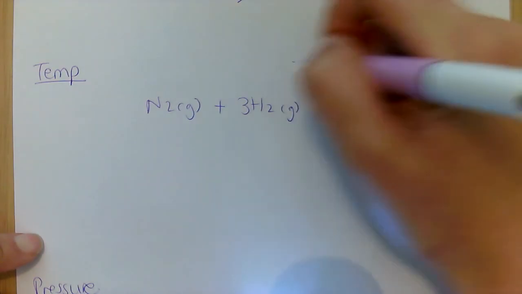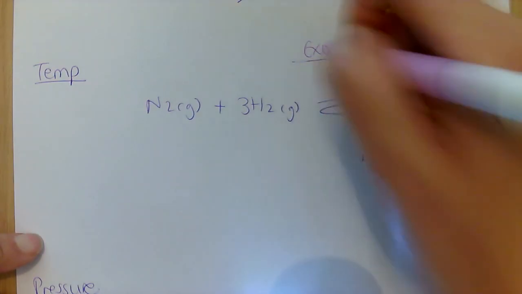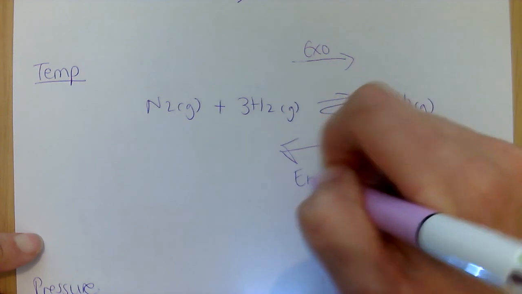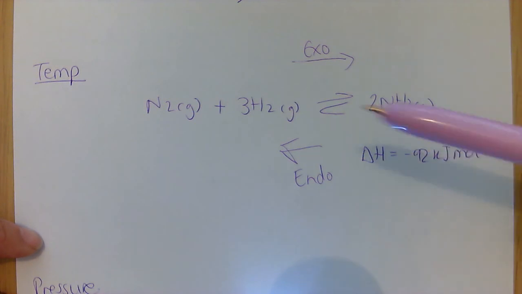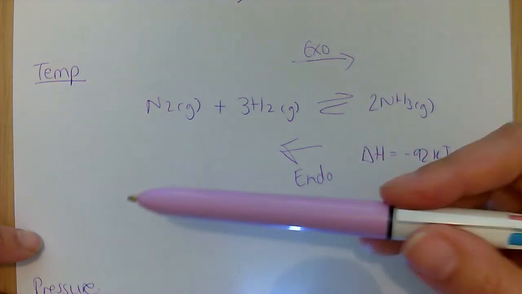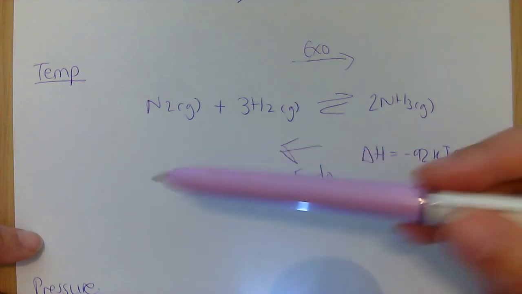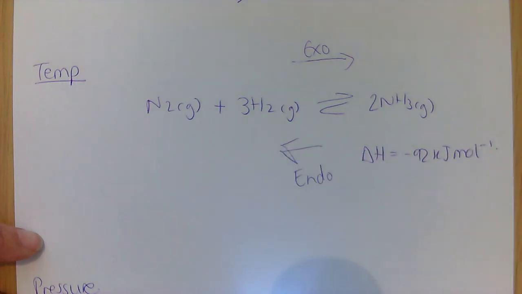So for this example I'd be saying that way is exothermic, that way is endothermic. So then if the question said to me which direction will equilibrium move if we increase the temperature, I could be thinking, okay, well, it's going to want to go in the endothermic direction, so equilibrium will move to the left hand side.